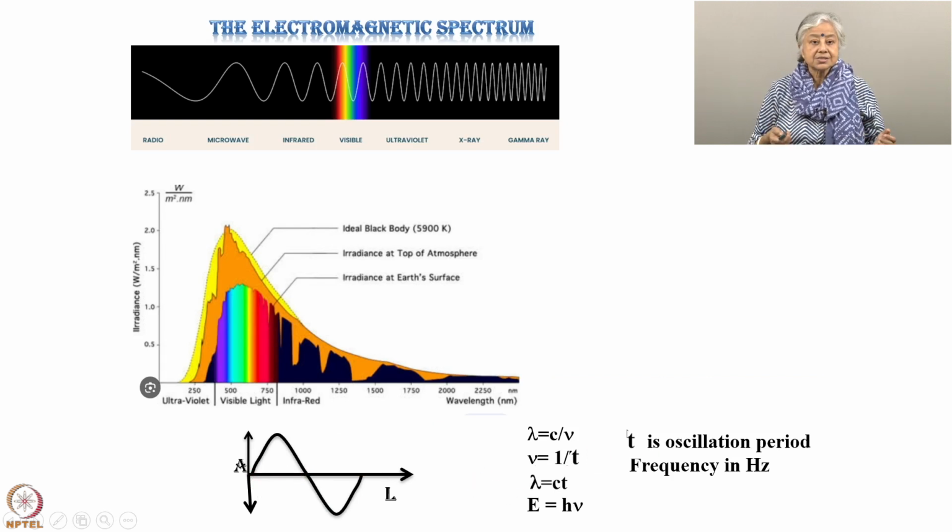Okay. So, this is the electromagnetic spectrum, and this graph actually shows you the electromagnetic spectrum that reaches the earth from the sun. And you can see the visible part of the light, a lot of it reaches the earth. The y-axis gives you the power or the irradiance or the intensity that reaches the earth from the sun. So, you can see the visible light occupies a very large portion of it.